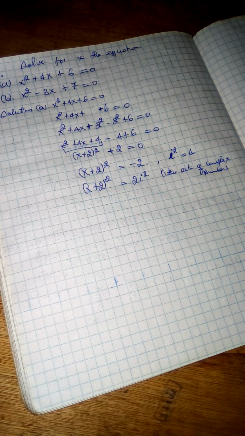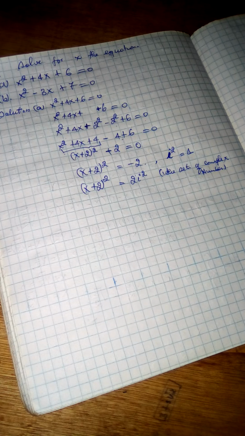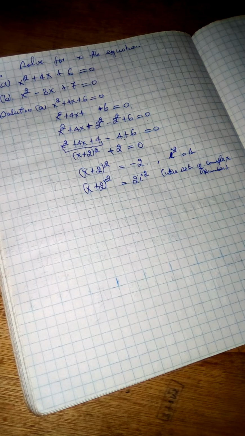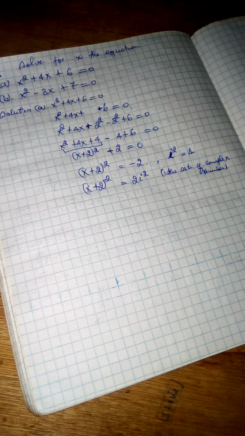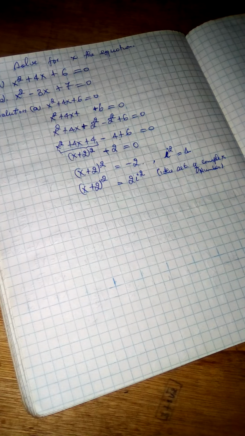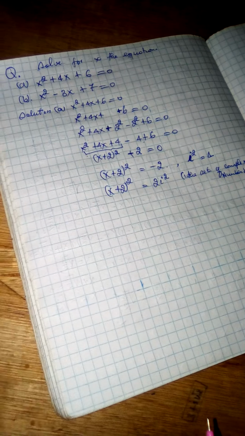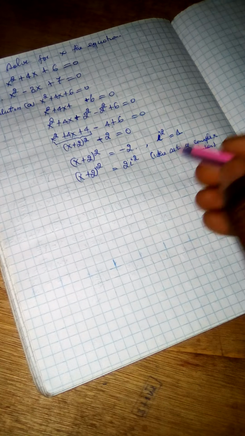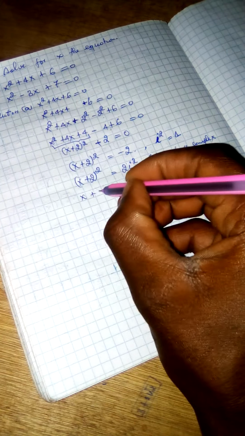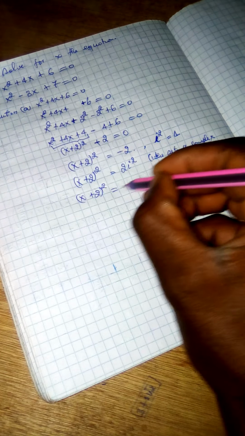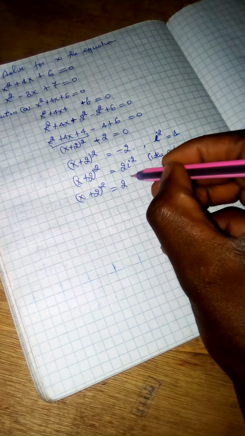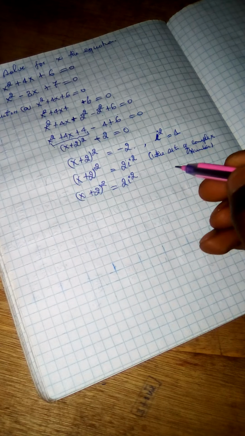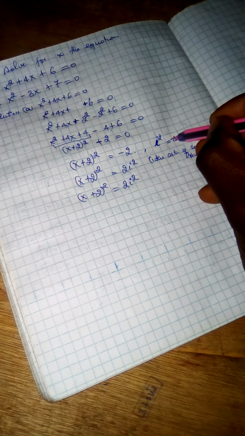We shall see more detail about complex numbers, and how operations are done in the set of complex numbers, but simply make use of it in order to solve this equation. So here we have (x plus 2) squared equal to (2i) squared. We have seen that i squared equals negative 1.